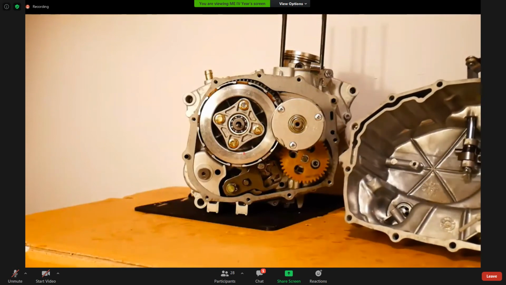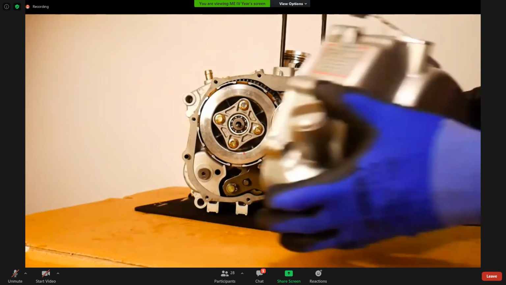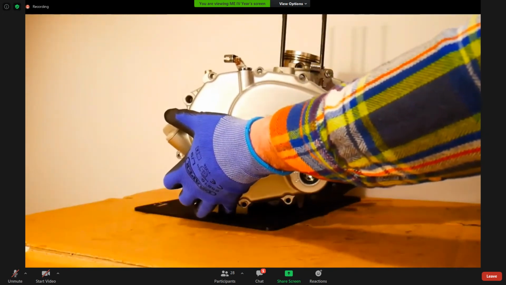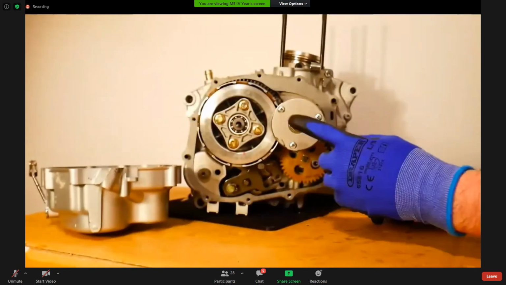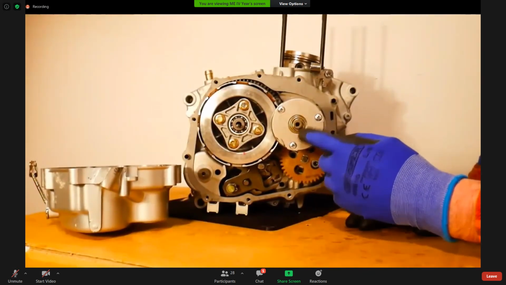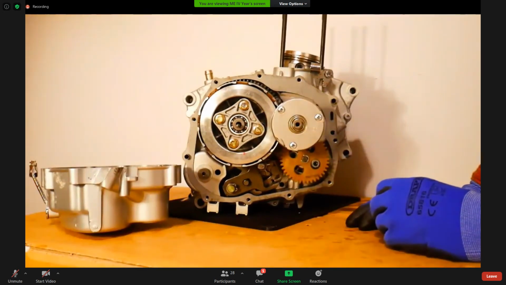You have to kind of imagine this, but when the clutch cover is placed in its normal seated area on the engine, that little hole corresponds with the hole on this little valve. So that's how the oil gets pumped into the centrifugal oil filter.